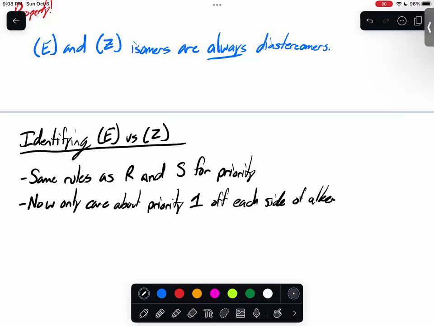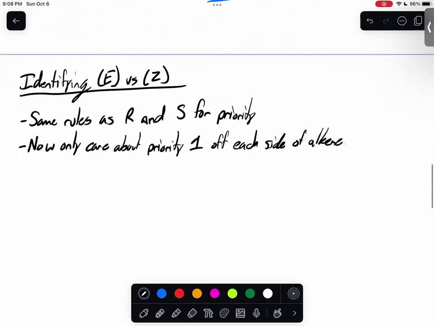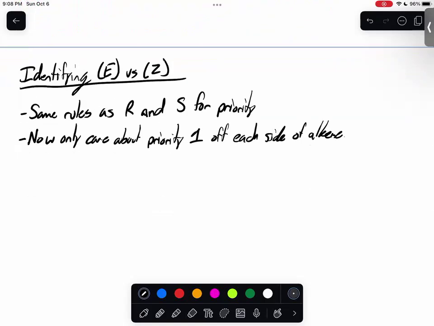Okay? So let's take a look at a couple molecules so that we can identify E versus Z, and then we can wrap that up and move on to the more fun stuff. So let's say we had a molecule that looks like this.